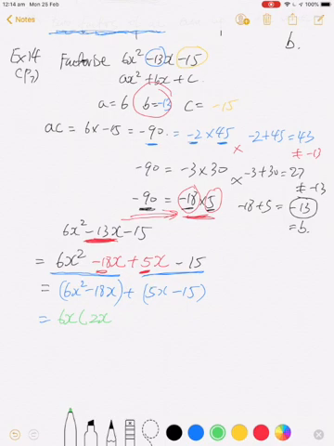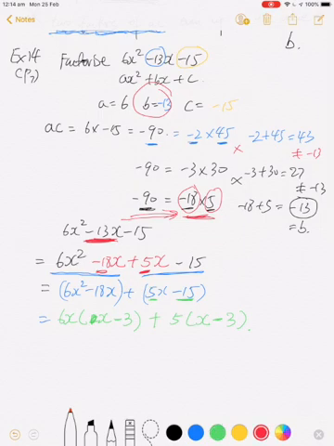x minus 3. Sorry, it's 6x times x minus 3. For the next one, take the common factor out, 5 and negative 15, so the common factor is 5. After I take 5 out, we have x left and then minus 3.